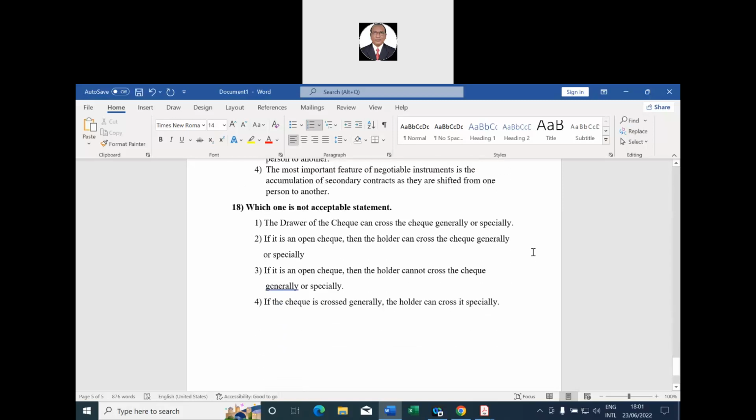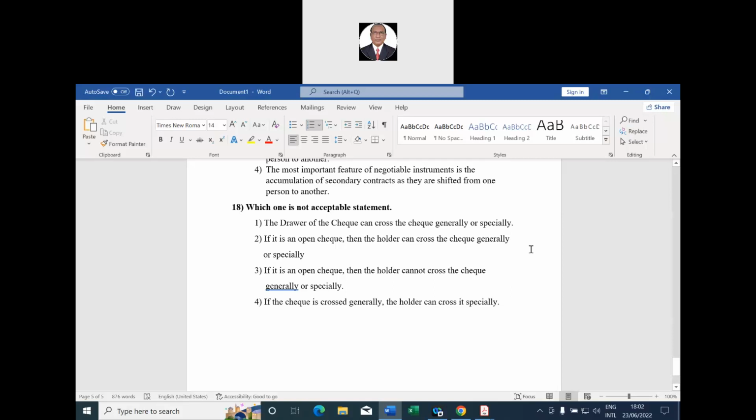Appreciate. Which one is not an acceptable statement? Number one, the drawer of the cheque can cross the cheque generally or specially. Number two, if it is an open cheque, then the holder can cross the cheque generally or specially. Number three, if it is an open cheque, the holder cannot cross the cheque generally or specially.